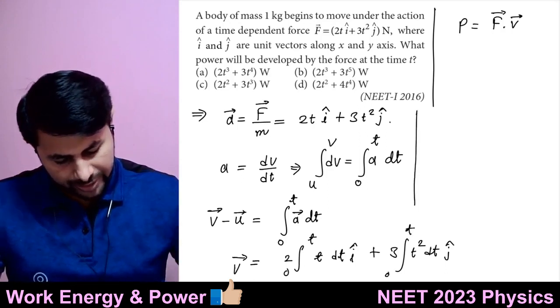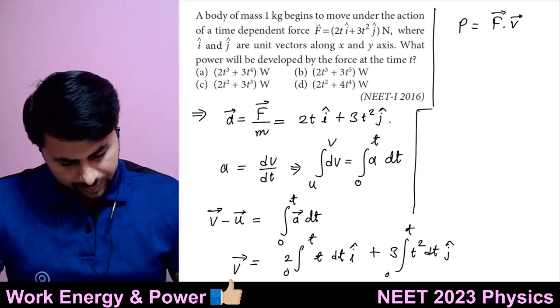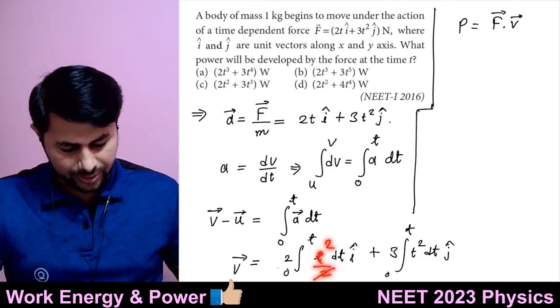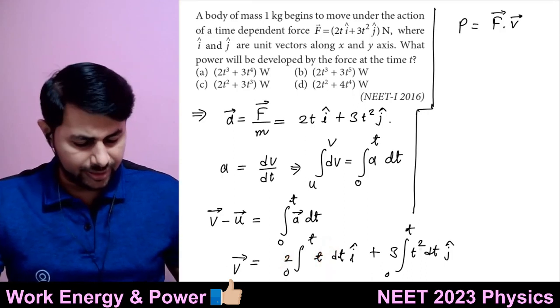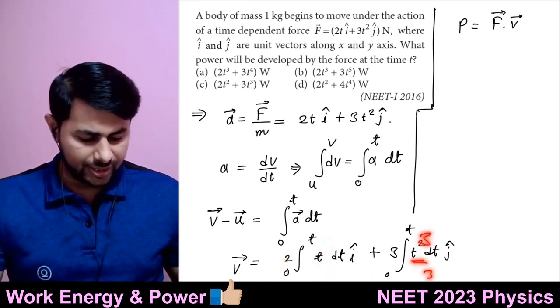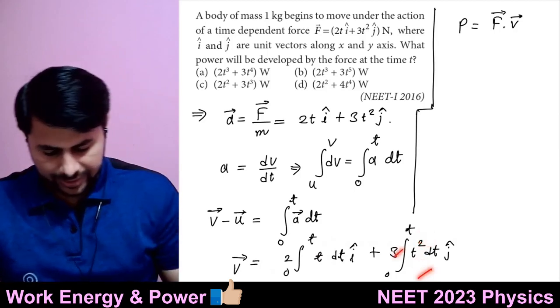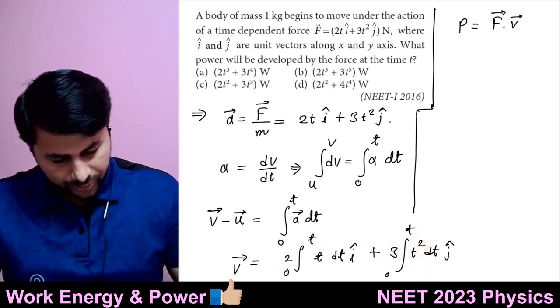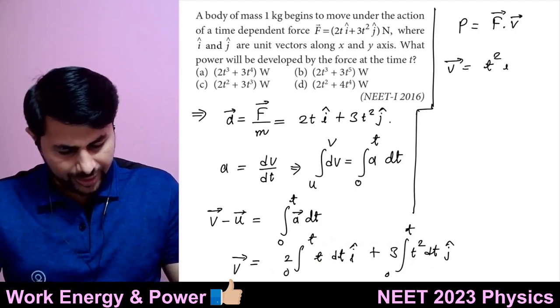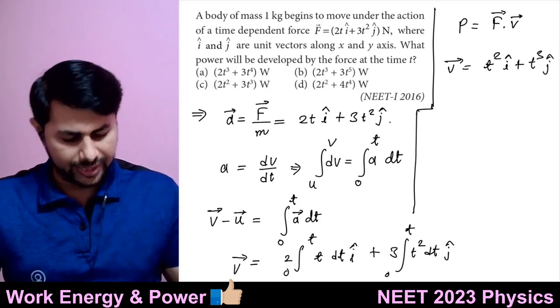What will be the integral? This is t square upon 2, this 2 gets cancelled. This is t cube upon 3, and 3 and 3 get cancelled. So what do you get? v bar equals t square i cap plus t cube j cap.